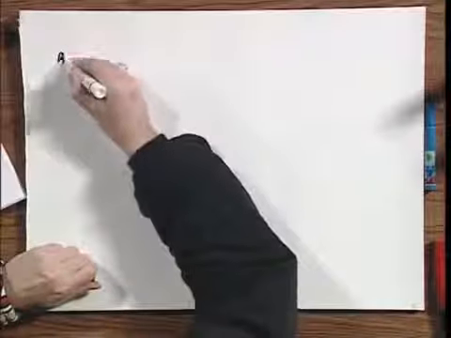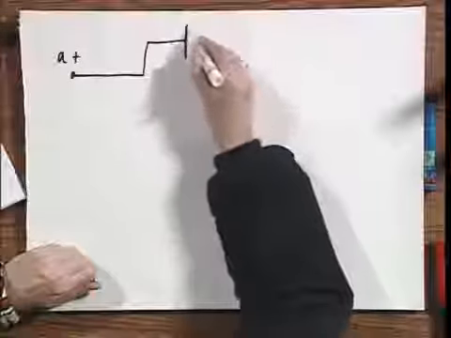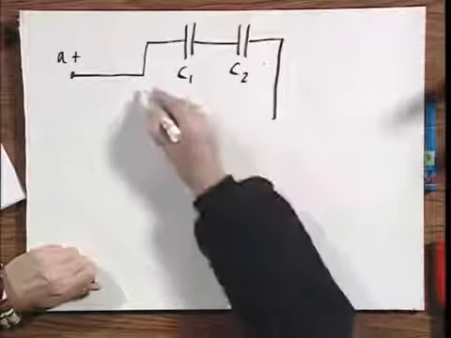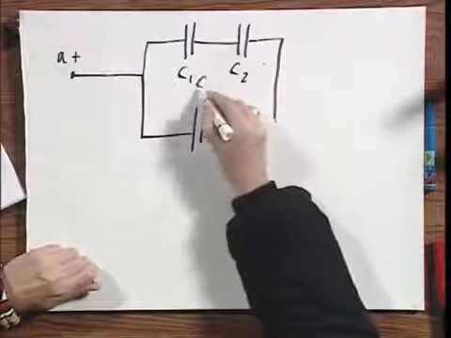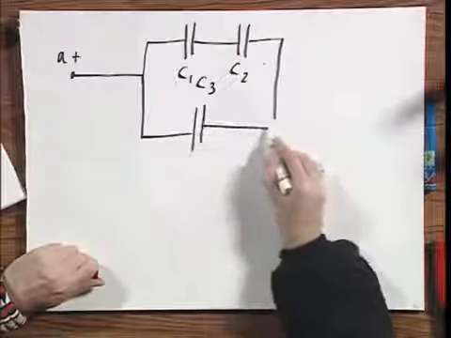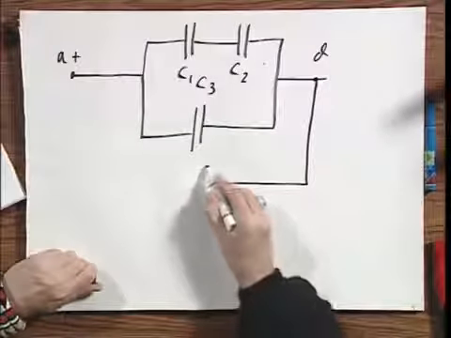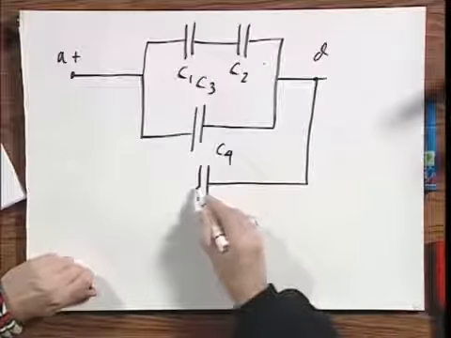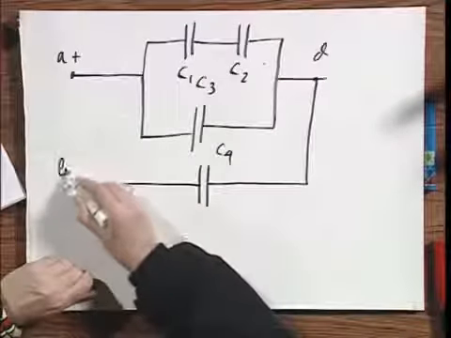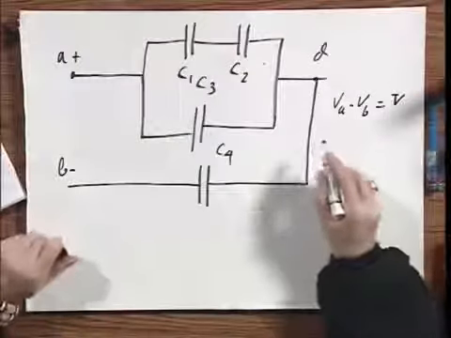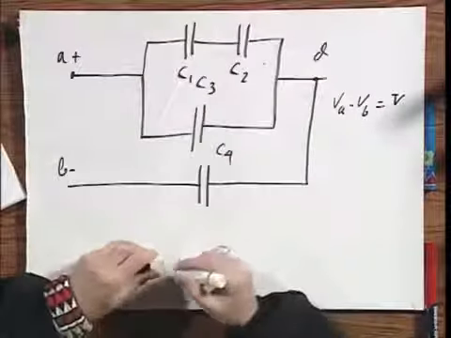So let's now go to problem number 1 and apply some of what I just told you. So here we have point A, positive, C1, C2, rather complicated, C3, this point is called D, C4, and here is B, which is minus, and the potential difference VA minus VB equals V. And now one of the questions is, what is the charge on each of these capacitors?